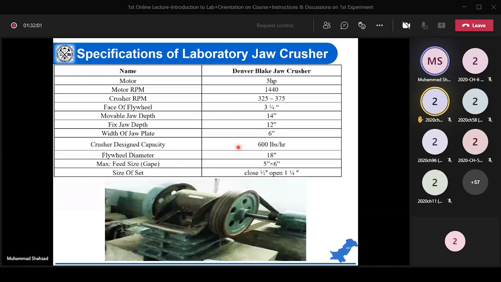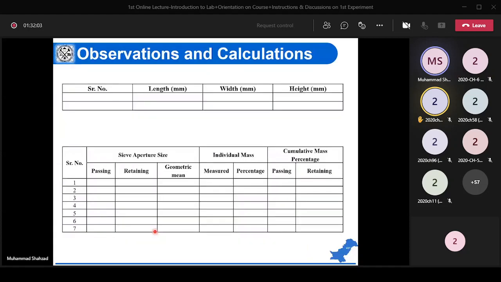Observations and calculations. We will measure the feed size and product size. I will explain how you are going to calculate all these things in the next lecture. Once you perform one experiment, you will get the values here.